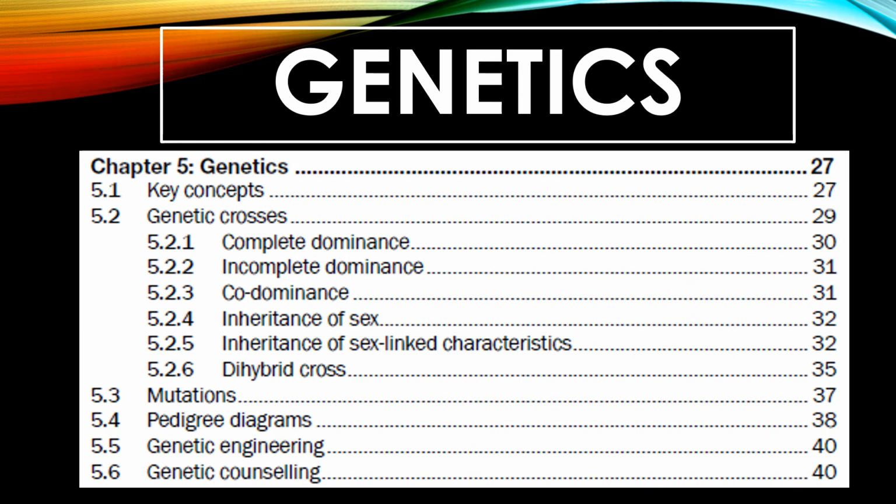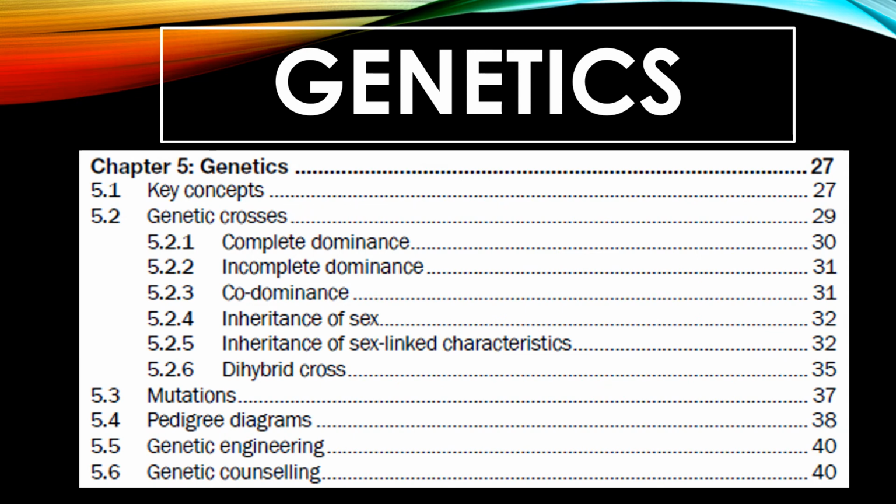They'll be asking, for example, what is a phenotype? What is a genotype? If you do not understand those terms, you will not be able to answer correctly. You will just be confused about the question. So it is important to master certain definitions and terms. We'll be starting with the key concepts on 5.1.